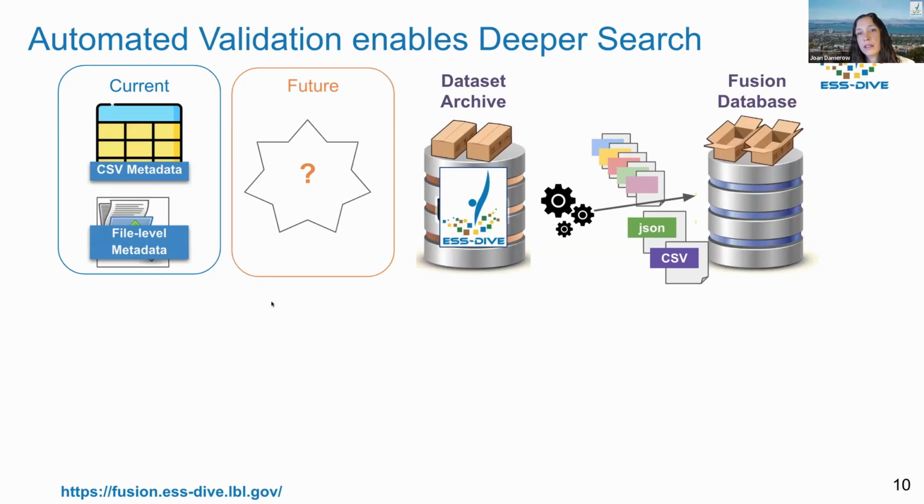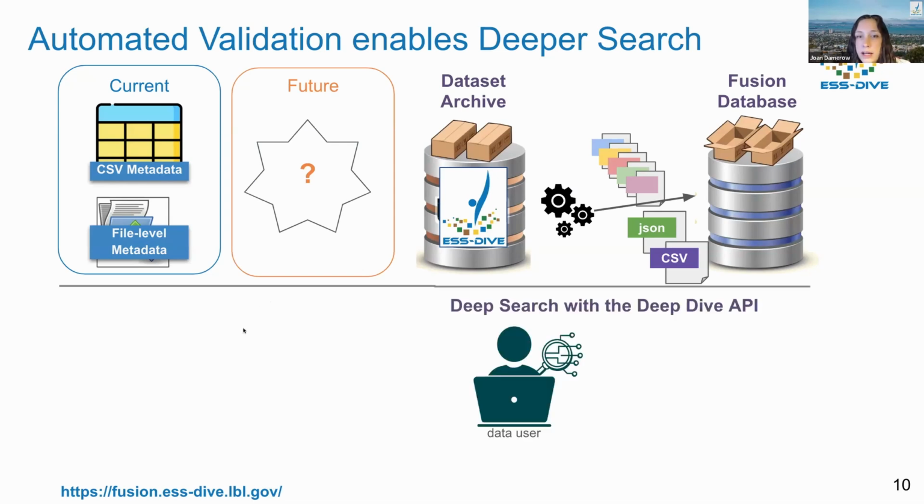So the result here with this automated validation of our reporting format is that we can enable more advanced search capabilities that leverage the standard reporting format, looking into files within the data set. So instead of just searching the data set metadata that describes the whole data package, which may include hundreds of files, you can now use our Deep Dive API to immediately find the specific file and the data that you need.